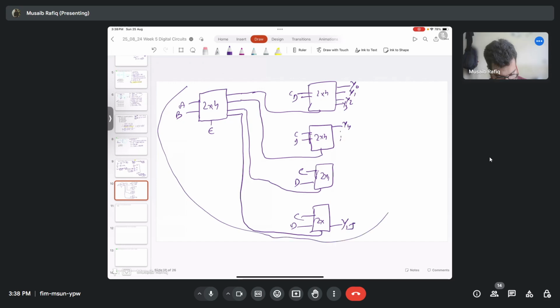And this complete block is your 4:16 decoder.